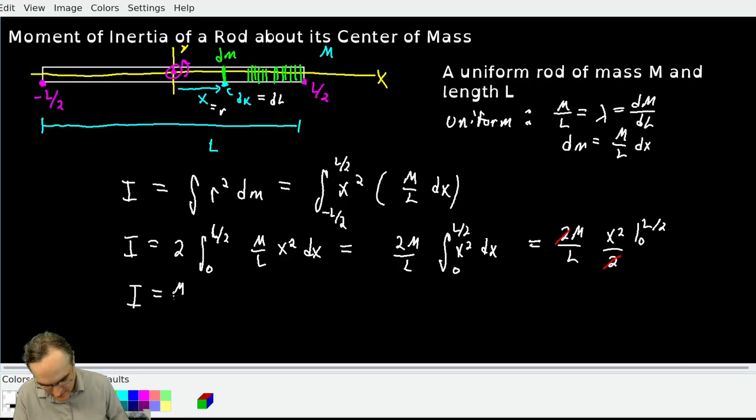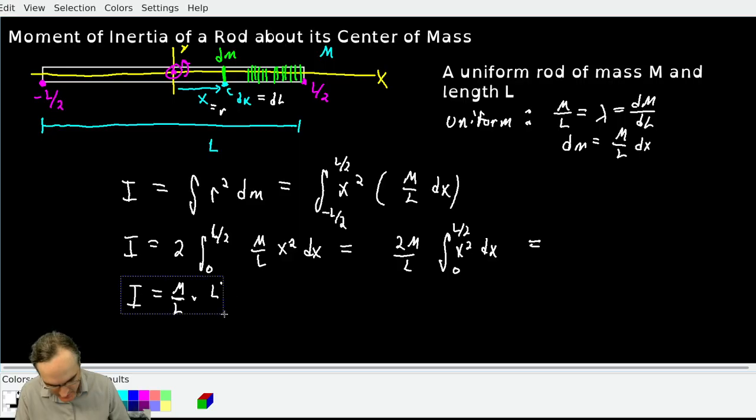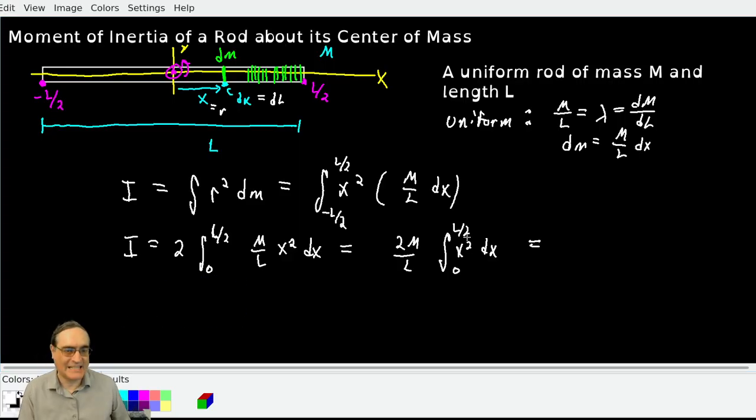All right, we get m over L times, oops, I have made a mistake. Well, it's not serious enough for me to undo the whole thing. So I made a mistake with my integral there. We're going to fix the mistake. Integral of x squared is x cubed over 3. That's kind of an important difference. All right, so 2m over L x cubed over 3 evaluated between 0 and L over 2.